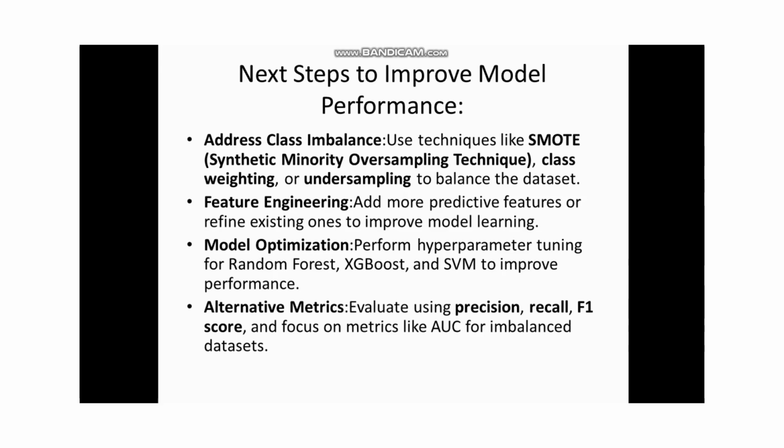The third is model optimization. We can perform hyperparameter tuning for random forest, XGBoost, and SVM to improve performance. For alternative metrics, we can also evaluate using precision, recall, F1 score, and focus on metrics like AUC, which is area under the curve, for imbalanced datasets.